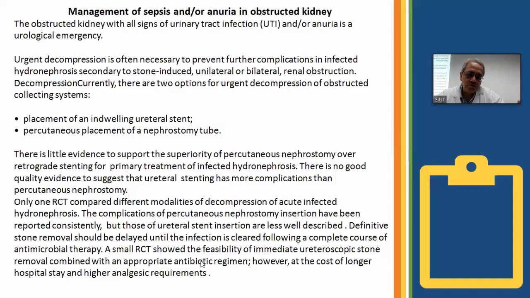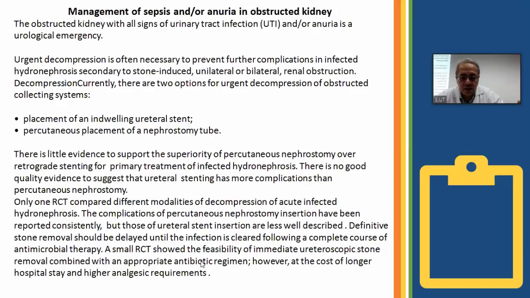What they do in, for instance, Germany or Austria and other places in Europe, they don't abandon their procedure. They wait for a little while in the same setting. They drain out everything which is there in the kidney, meaning all the pus, and when the pus is clear, they just proceed with the procedure.